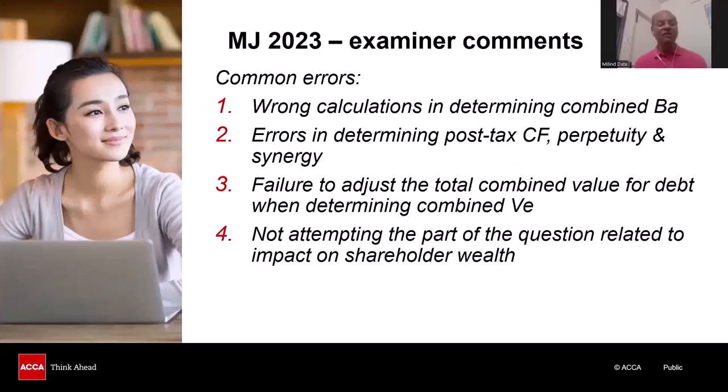Computation of asset beta, determining post-tax cash flows, especially perpetuity and synergy. Failure to adjust the total combined value for debt to arrive at combined value of equity. Many of the students in this particular examination didn't even attempt the last part, percentage gain in shareholders' wealth.